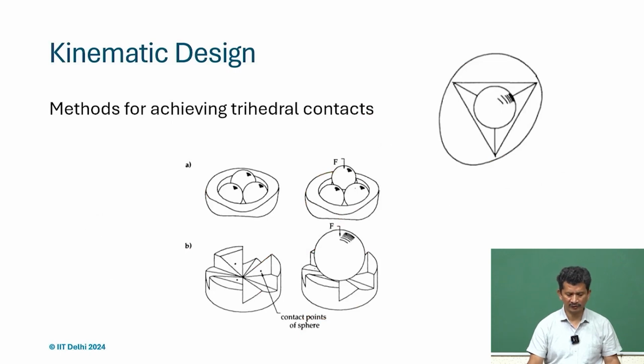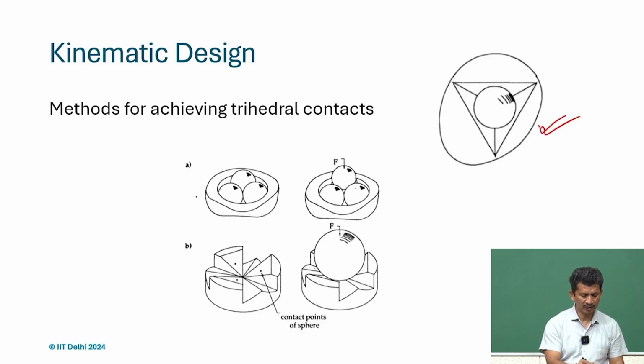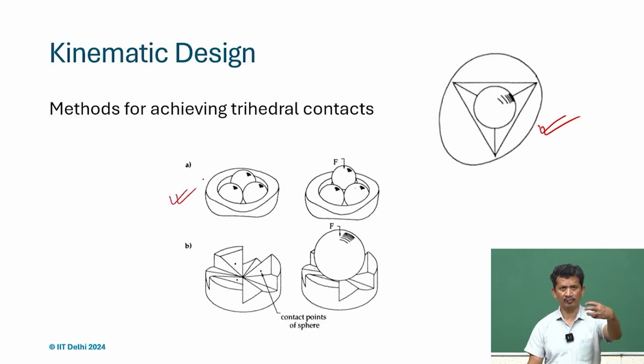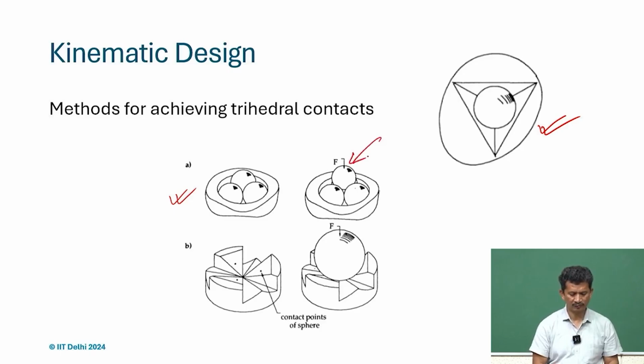So, there are various methods to create a trihedron hole, a trihedral contact. It is very difficult to manufacture. So, an easy way: you can simply place 3 spherical balls and weld them, and then place the 4th one on top of it. It will sit on those 3 balls and make 3 contacts.